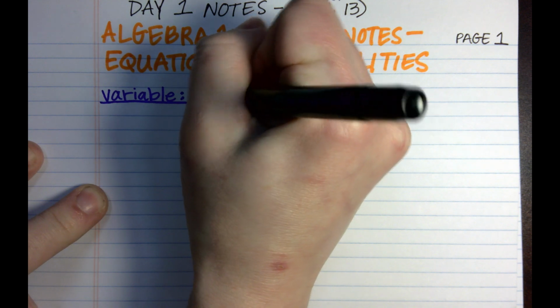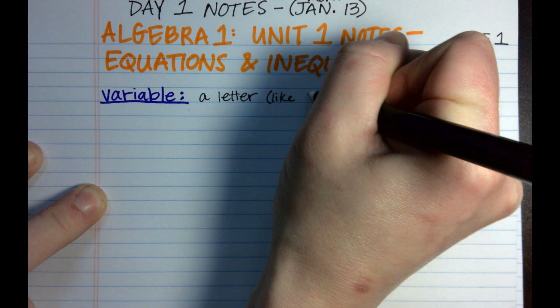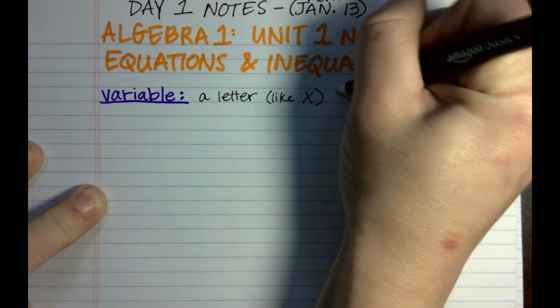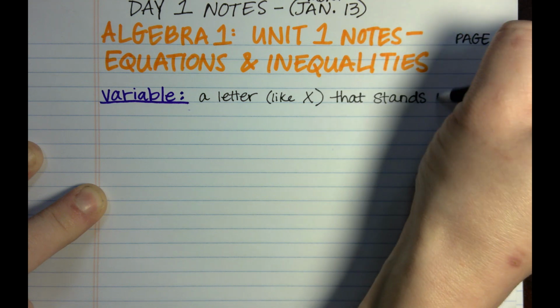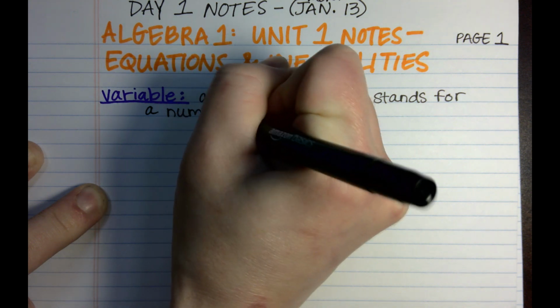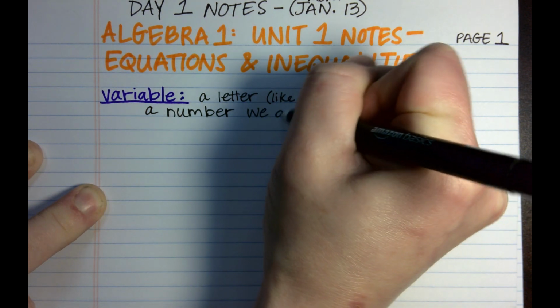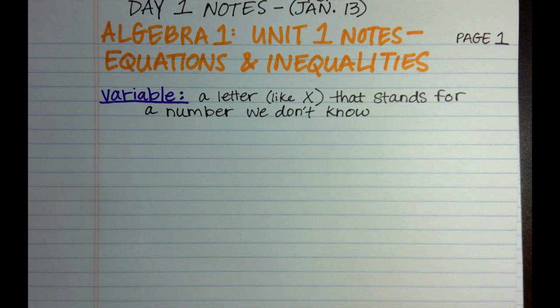So let's say a letter like X stands for a number we don't know. So anytime you see X in an equation, just like we saw in the do now problems, it just means we don't know what that number is and we need to solve for it.